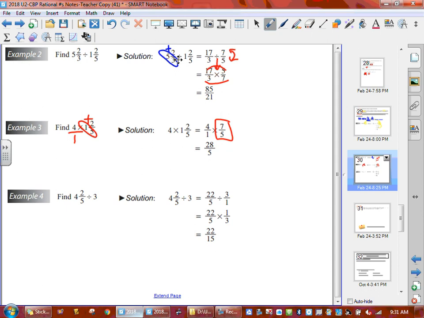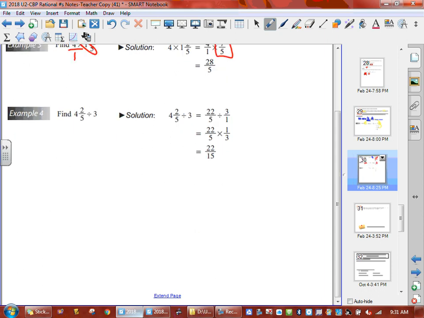Now we're dividing. Dividing, same idea. But this one, again, you need to put it in fraction form. That's your first step. This one here is changing to improper. So 20 plus 2 is going to give me my 22/5. There's our 22/5, dividing by 3/1. You have to put this one into a fraction.